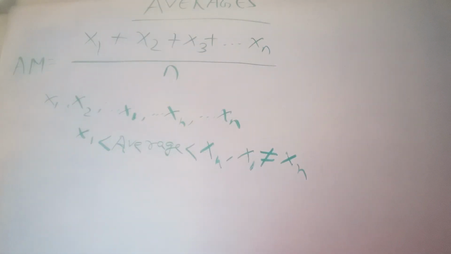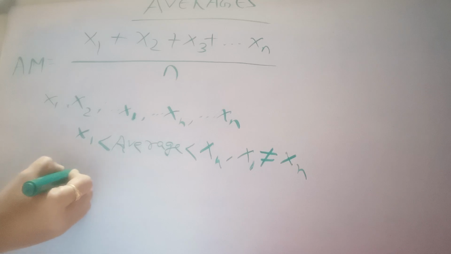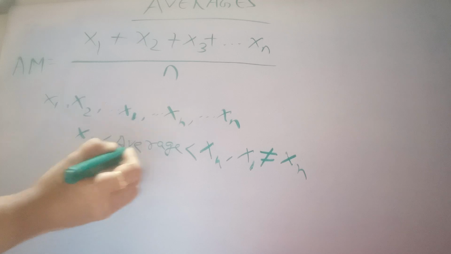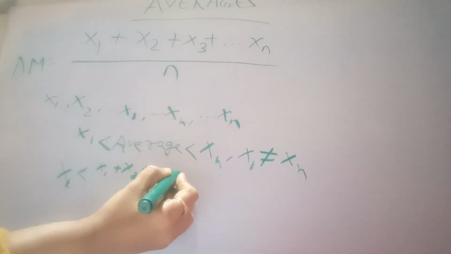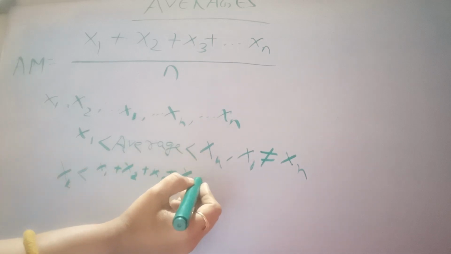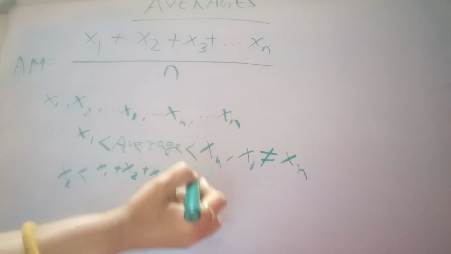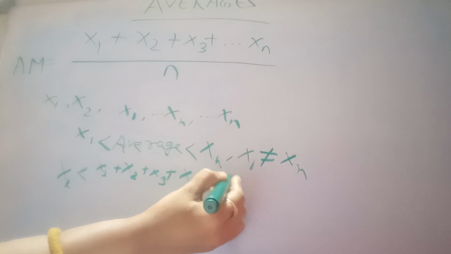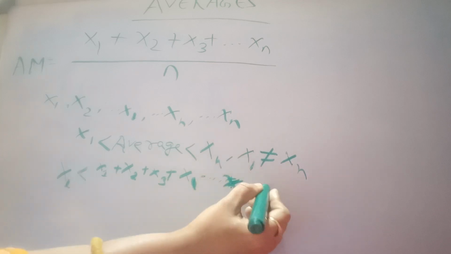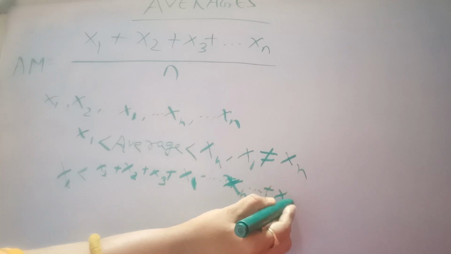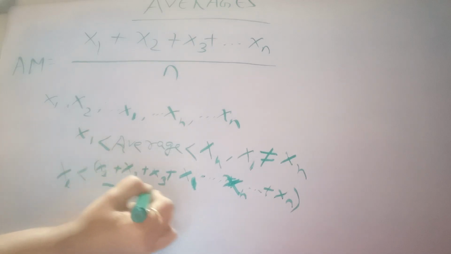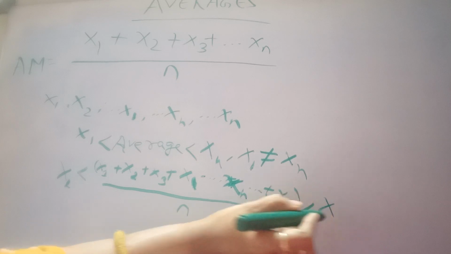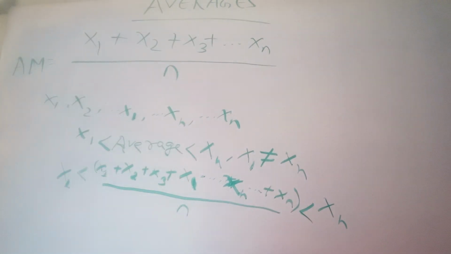Okay, that is, xl is smaller than (x1 plus x2 plus x3 plus x4 up to xl up to xh up to xn) divided by n, which is smaller than xh. Okay.